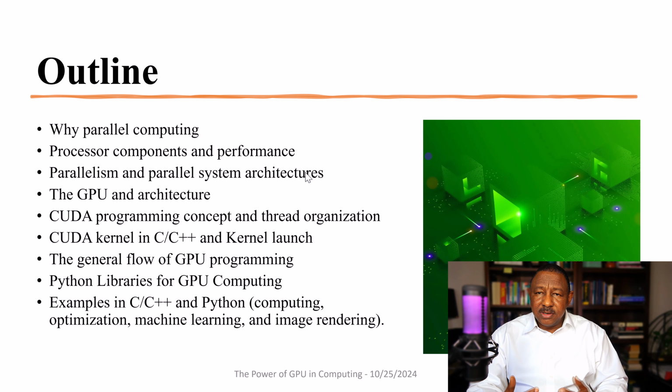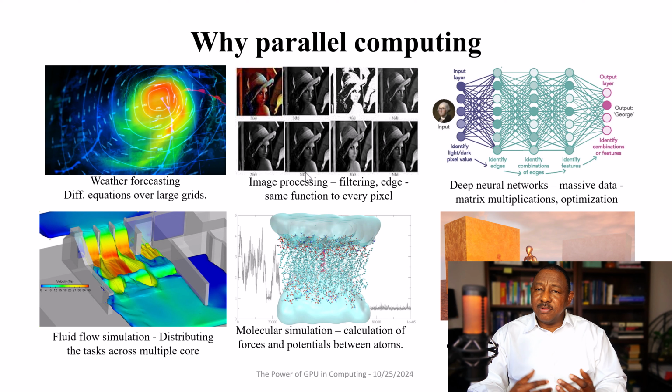So we'll give you some examples on how to use Python as well in GPU programming. Then of course we'll discuss some examples, and these examples will give you an idea about how you can use GPU.